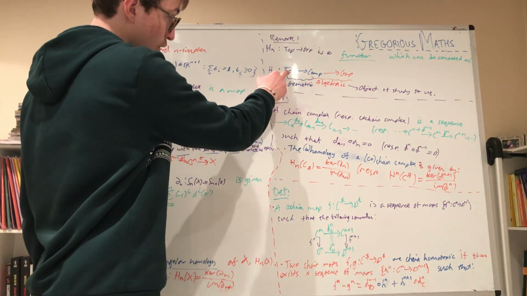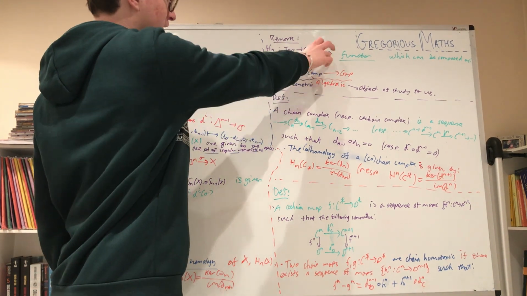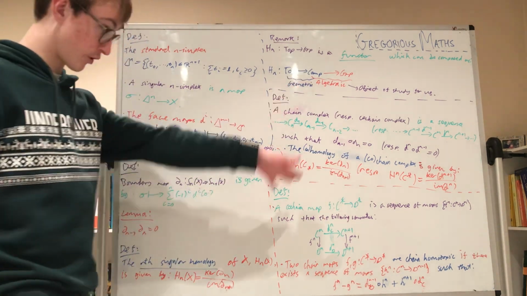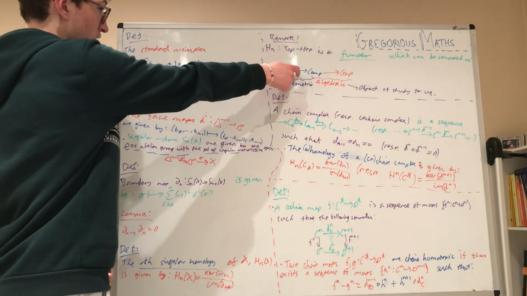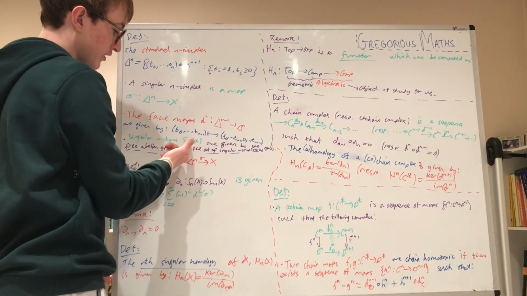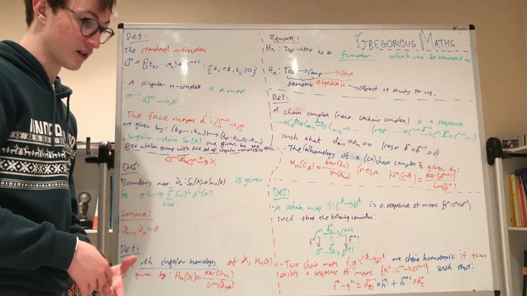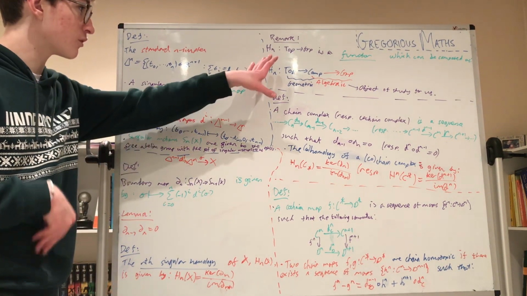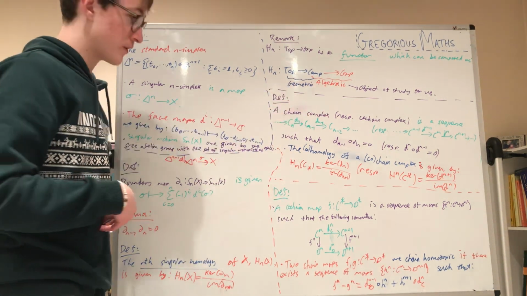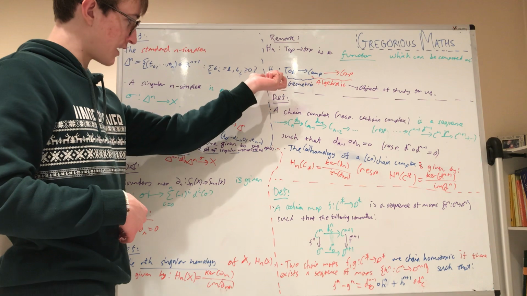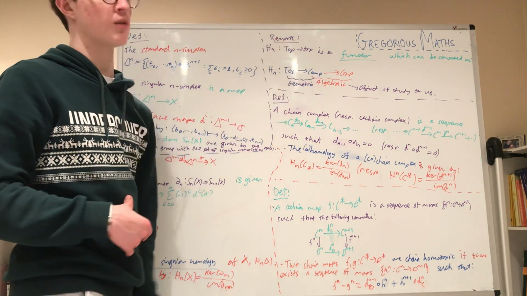Firstly, we can get a map from Top to Comp, where Comp is the category of complexes, which we'll go over in a second. And this is basically the map which takes in a topological space and gives us these singular n chains and the associated maps and stuff. So a functor which contains all that information is a very geometric functor, and from a topological space, it gives us a complex.